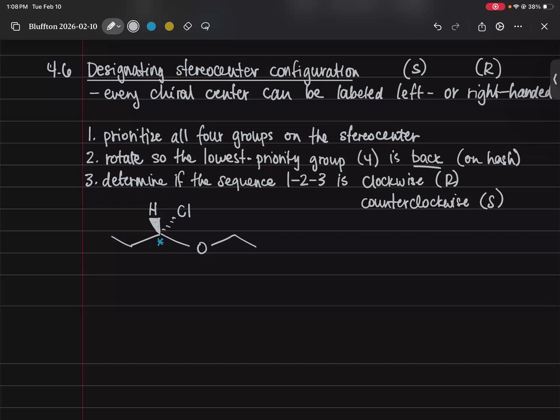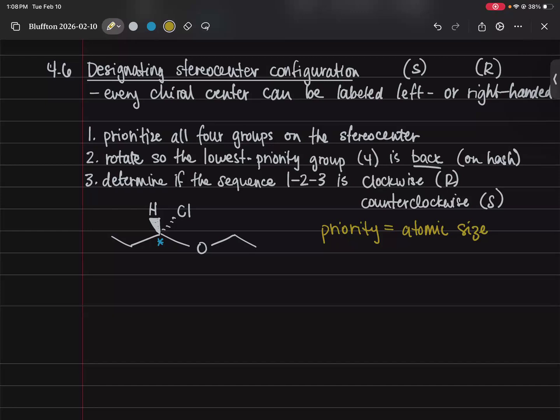Okay, so we need to find the priority of those groups. That is done with the highest priority being the largest in atomic size, or atomic number. Atomic number is a more correct way to say that. So here's where you might need your periodic table, hopefully not.